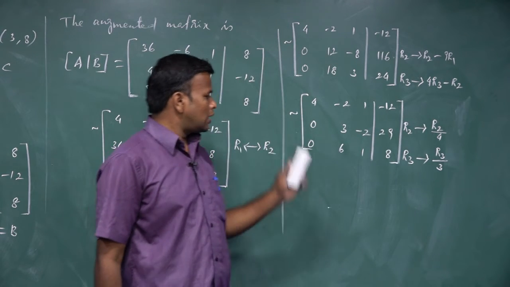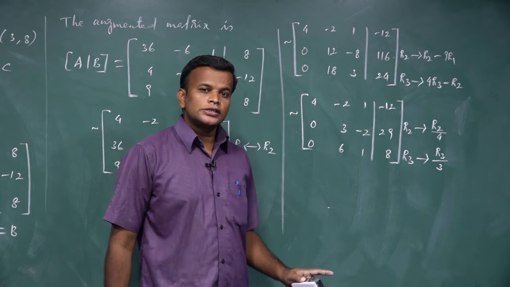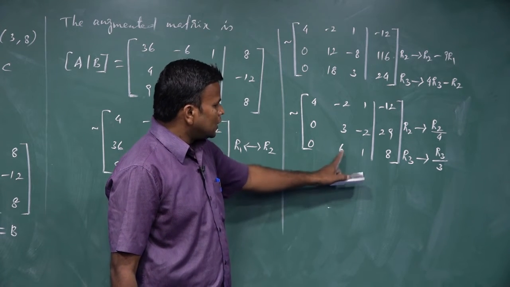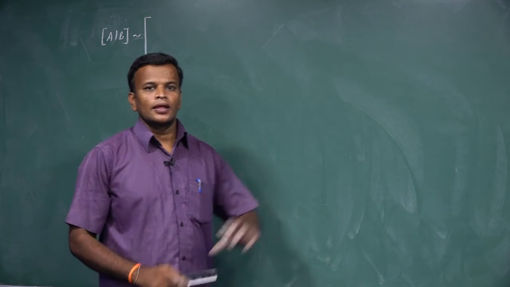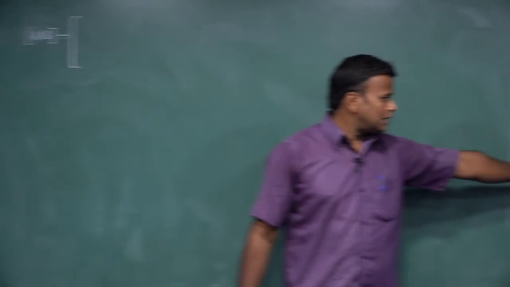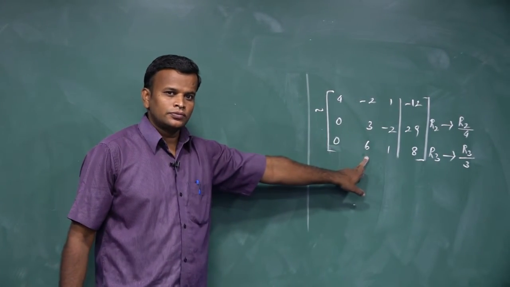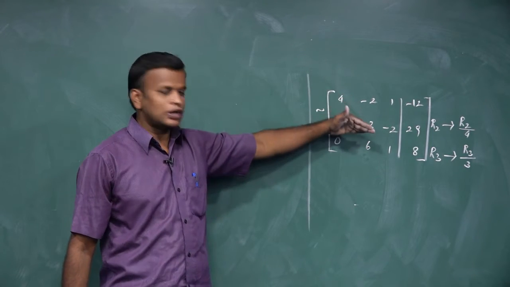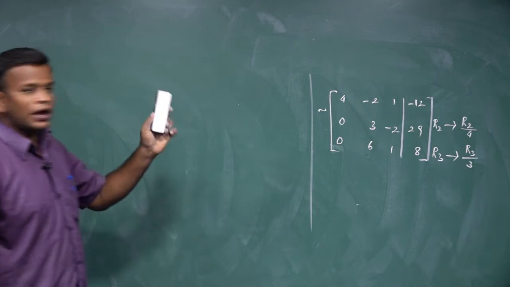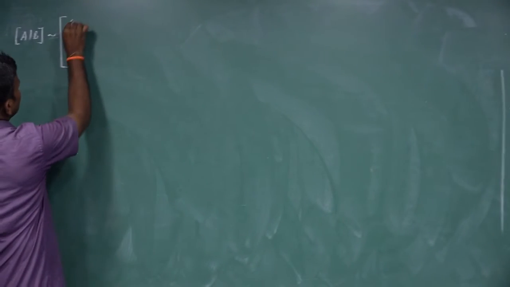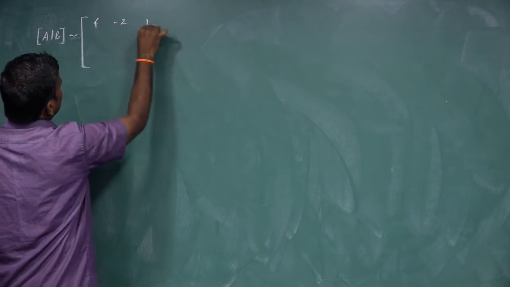The next, we have only one work. The work is to convert that element also to become 0. So don't change the first row and second row. We write the first two rows as they are. First row: 4, minus 2, 1, minus 12.